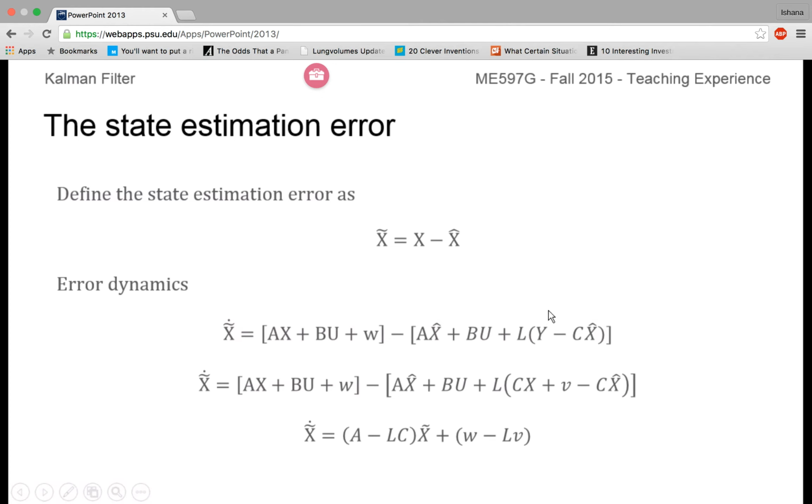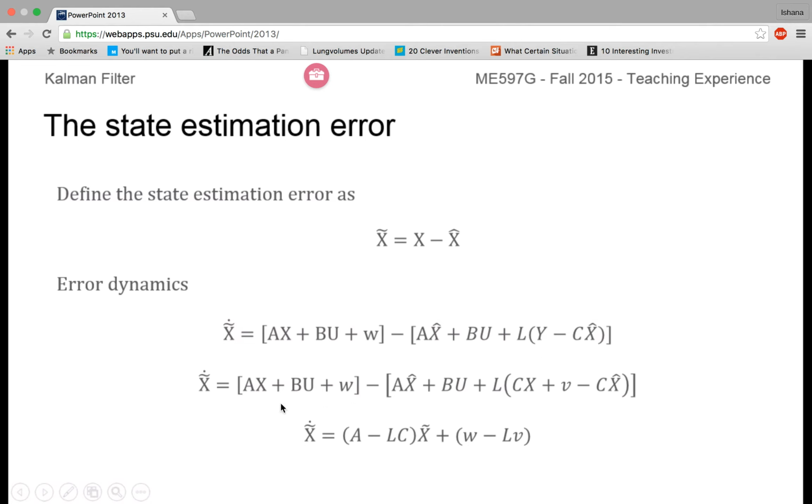Now, we substitute the value of y using our state model with the noise inputs, and it comes out to be Cx plus v. And then we group together these terms. We have A times x minus x hat, which is basically x tilde. The Bu terms cancel. The w term goes here.